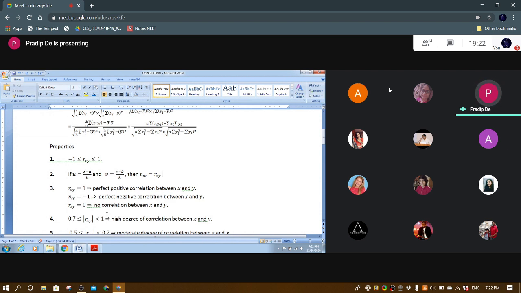So whether it is high or low or moderate, that depends on the numerical value of R, and whether it's positive or negative, that depends on the sign of R.